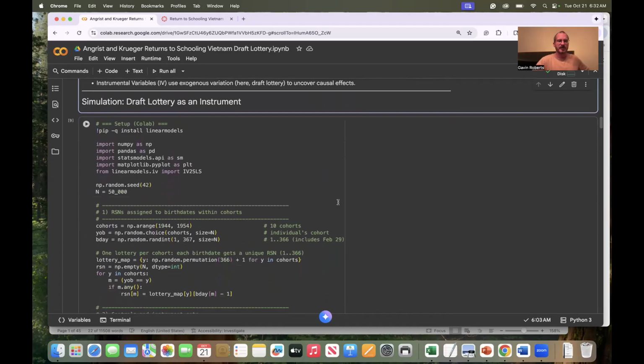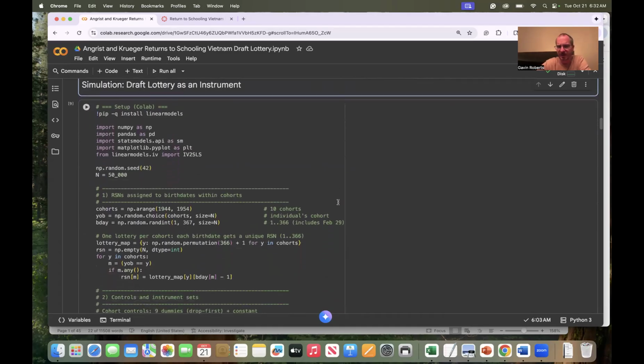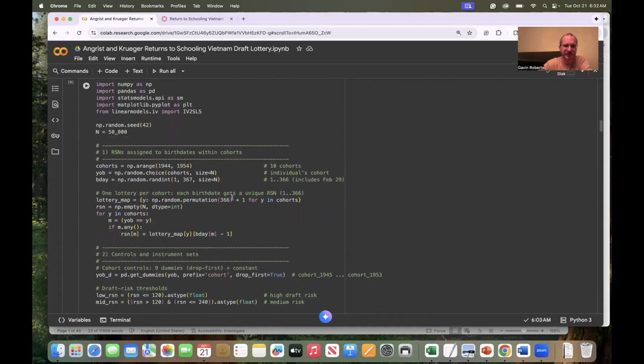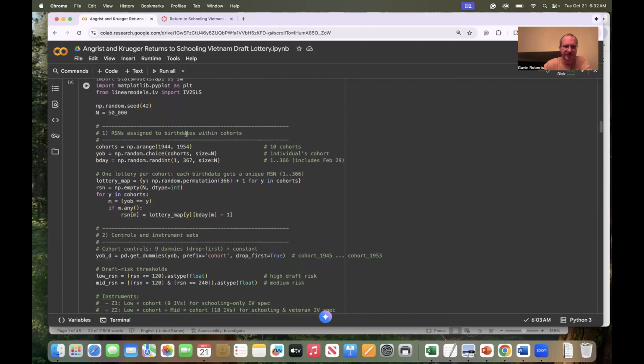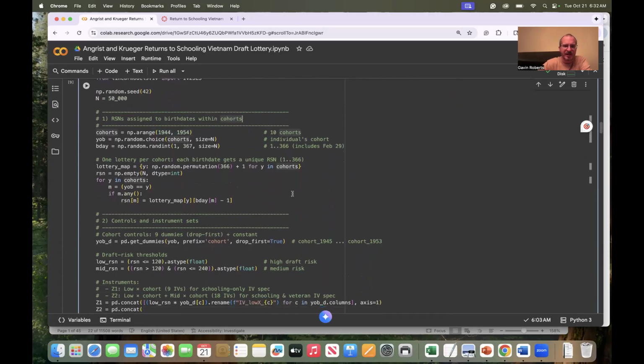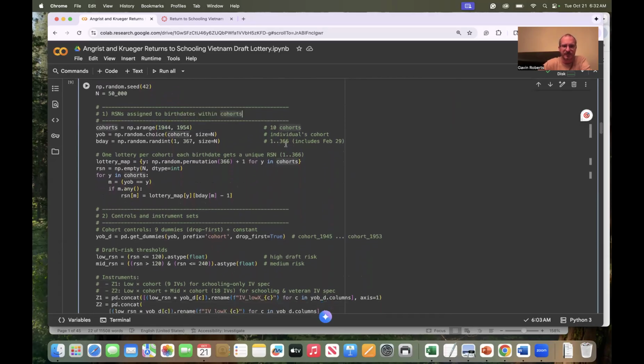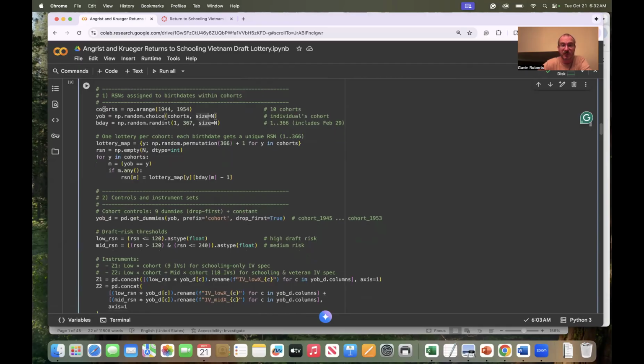First of all, I'm just going to broadly walk you through the simulation. Basically, we are creating birth dates within these years. An individual's cohort is going to be some cohort within those years, and the cohorts are just a year, so a year is a cohort.